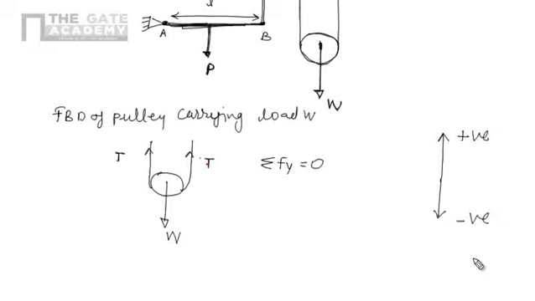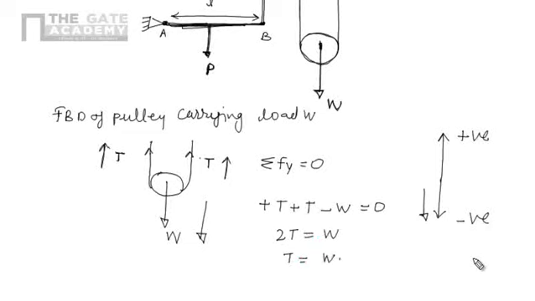So plus T plus T, and weight is acting in a vertically downward direction, so according to the sign convention it is negative, so minus W equals 0. Solving this equation, 2T equals W, so T equals W by 2. This way we can find the value of T in terms of W.